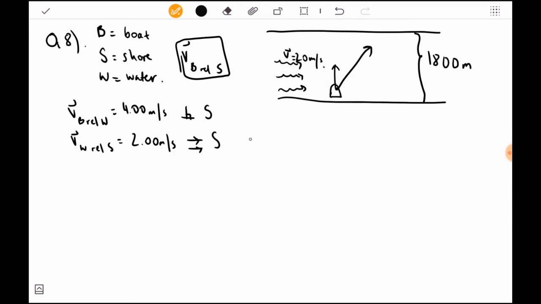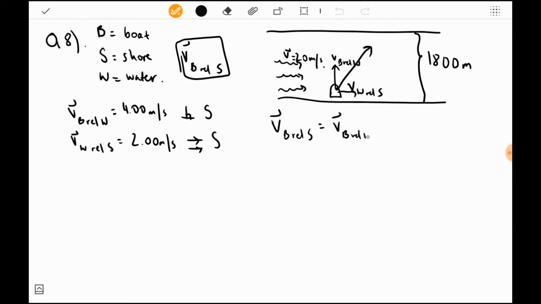So if we see in our little drawing there, this is the velocity of the water relative to the shore. This is the velocity of the boat relative to the water. And so we get that the velocity of the boat relative to the shore is the vector sum of these two.